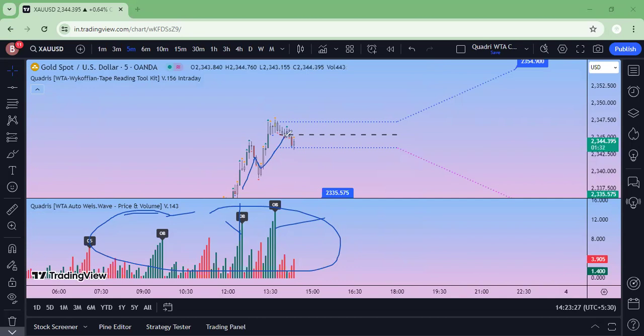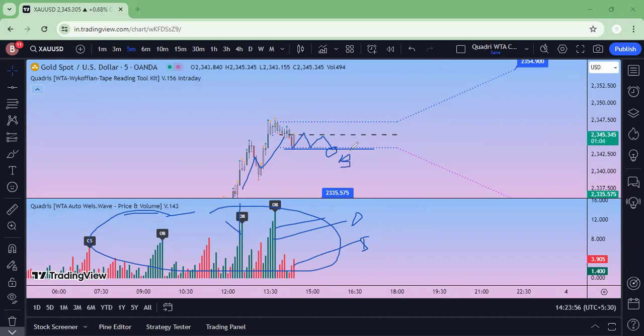If I see a spring formation with low volume when the price is touching this particular level, a low-volume supply situation, where red histogram applies to supply and green histogram applies to demand, then I look for a buy opportunity.